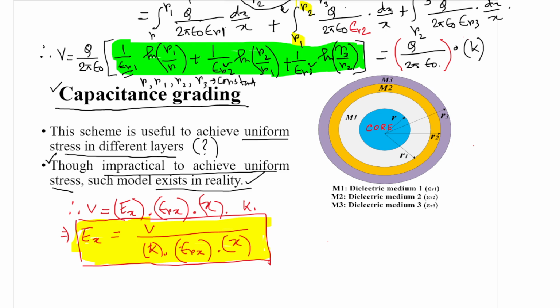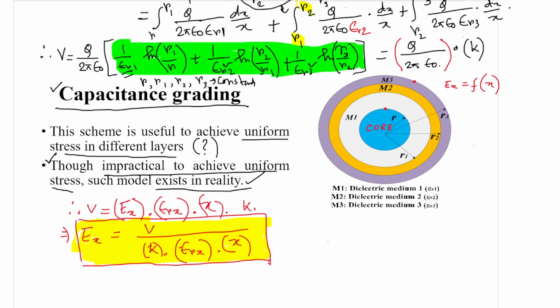That model is called the capacitance graded model, and we are interested in finding out what the electric stress variation will be from the conductor surface to the outermost surface. We want to measure Ex as a function of x.